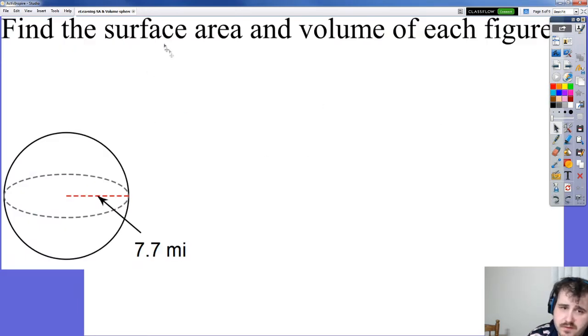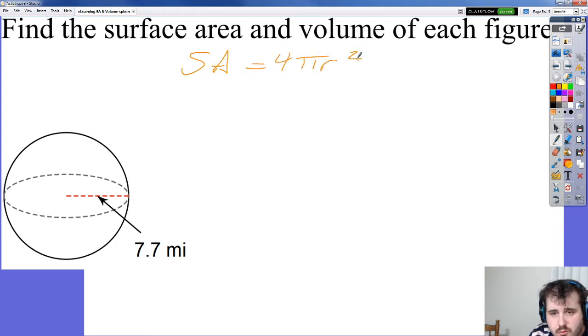So once again, we want to find the surface area and volume of each sphere. Let's find the surface area first. 4 pi r squared. And again, just leave pi alone. Don't do anything with pi. There's nothing to do for pi. So just plug in the radius.